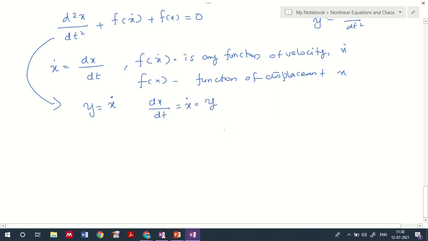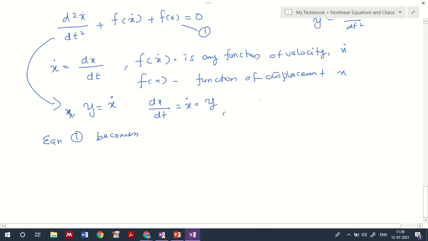Let me call this equation number 1. Here we have x, y is equal to x dot, dx by dt is equal to x dot, and is equal to y.